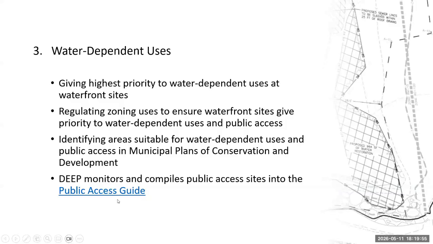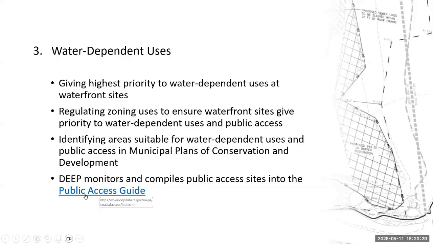And I think it's important for municipalities to take advantage of the tools that they have with respect to planning for water dependent uses. Plans of conservation and development might incorporate what used to be called the MCP, or the marine, what are those called? Marine commercial plans, marine coastal.